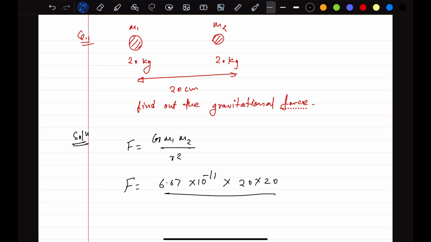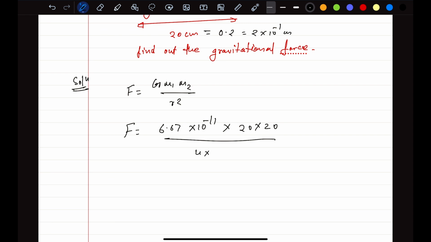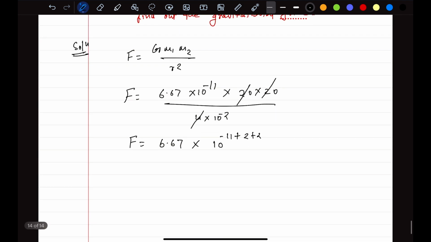And the 20 centimeter, if we convert it into meters, is 0.2 meter, or 2 multiplied by 10 to the power minus 1 meter. If we square it, that is 4 multiplied by 10 to the power minus 2. So the 4s cancel out, and F is 6.67 multiplied by 10 to the power minus 11 plus 2 plus 2, so F is 6.67 multiplied by 10 to the power minus 7 Newton.